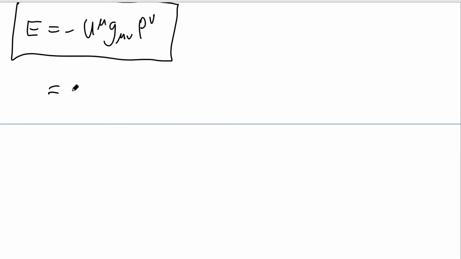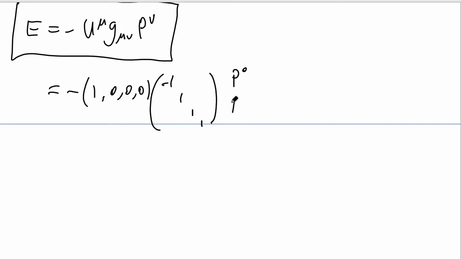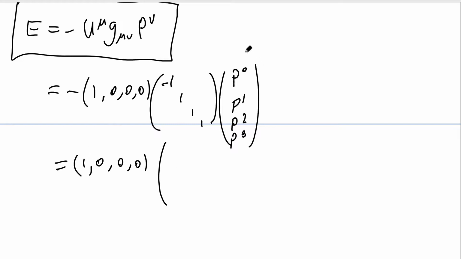We have minus the components of u, 1, 0, 0, 0, then the components of the metric, it's just the Minkowski metric, minus 1, 1, 1, 1 along the diagonals, and then the components of p, P0, P1, P2, P3. All right, so minus 1 times minus 1 is 1. So these first factors just give the vector 1, 0, 0, 0 times the P. So this is just equal to P0. So the energy is just the zero component of momentum.